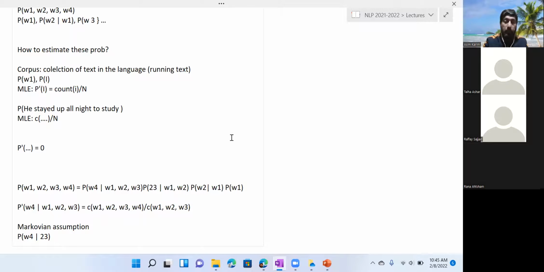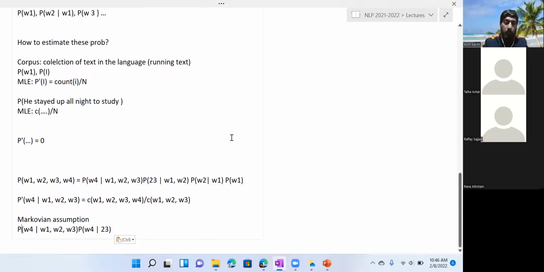W1 and W2 are removed from the context, and only W3 remains. So the context is now limited to only the preceding word, not all words preceding it.